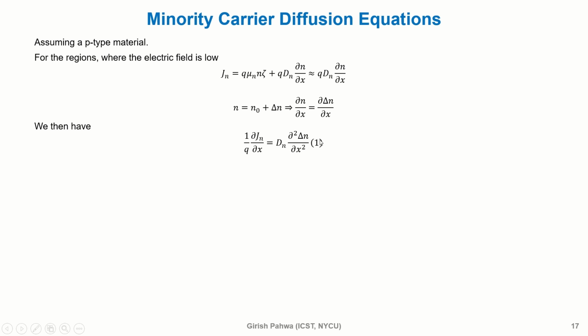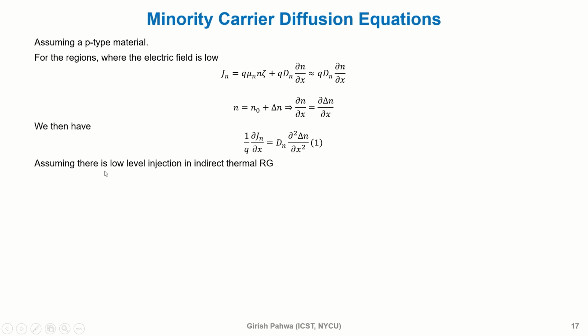That's simple. This term is the double derivative of the electron density. Now I can plug this back into my current continuity equation, and what I get is the minority carrier diffusion equation.